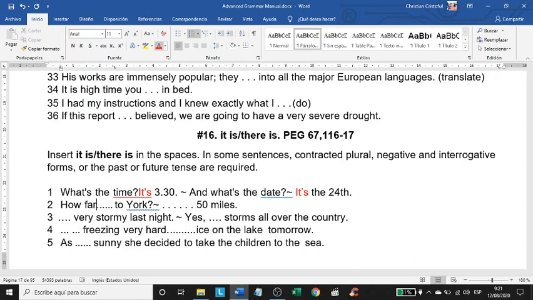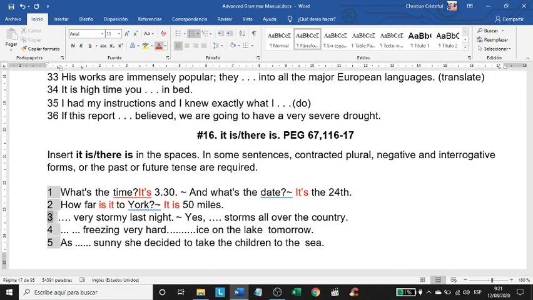How far is it to New York? What should I write? There is 50 miles or it is 50 miles? It is 50 miles.